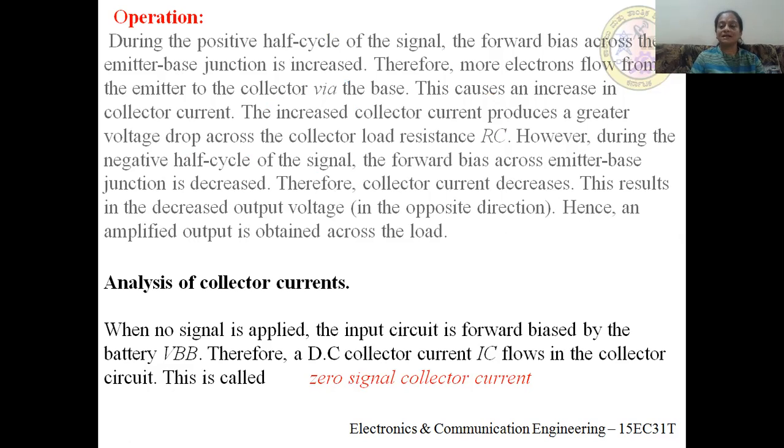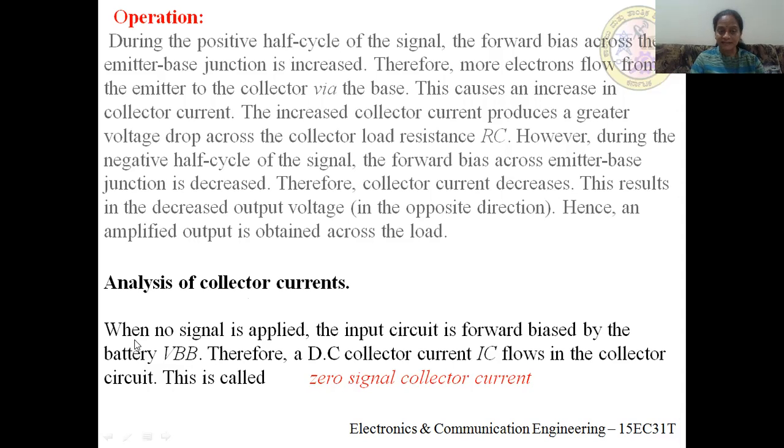If you analyze the collector current, as I said, before applying the signal, the base-emitter or input circuit is forward biased because of the voltage VBB, and the collector-base is reverse biased because of the DC voltage VCC.